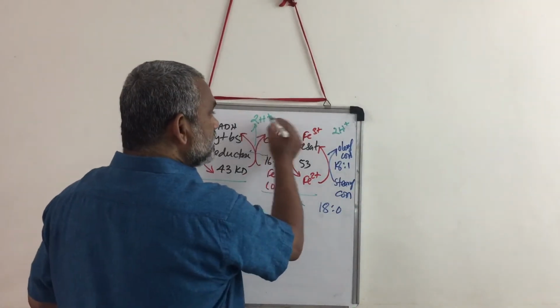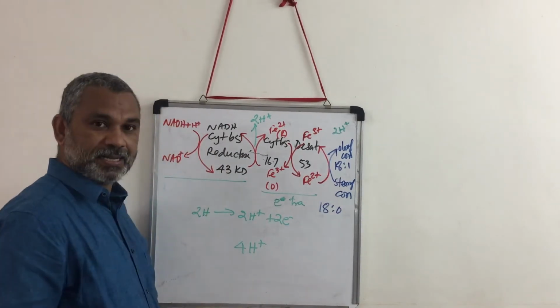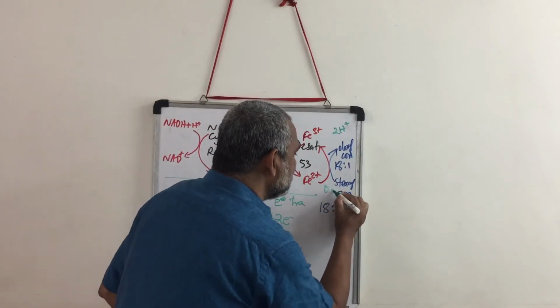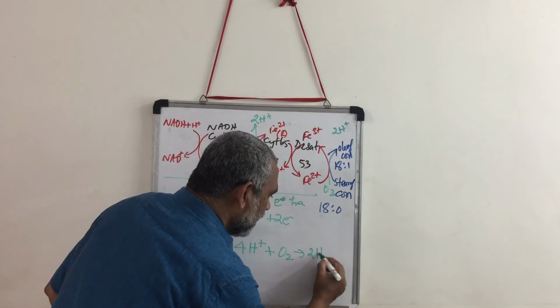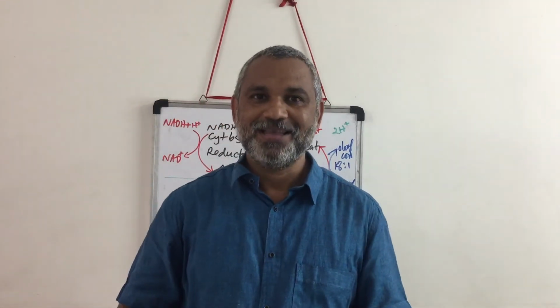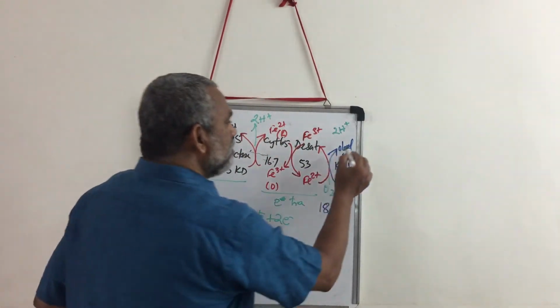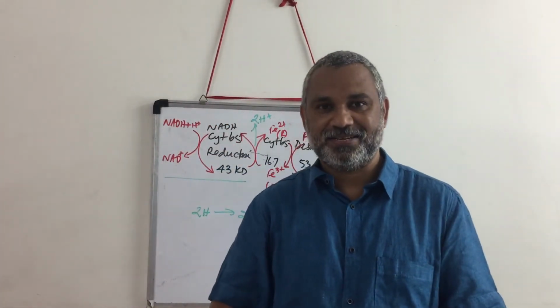Now these 2 hydrogens and these 2 hydrogens make 4H plus. Plus a molecule of oxygen is added here, that forms 2H2O. A molecule of water is made. What is important for us is that by using these 3 enzymes, an unsaturated fatty acid is generated.